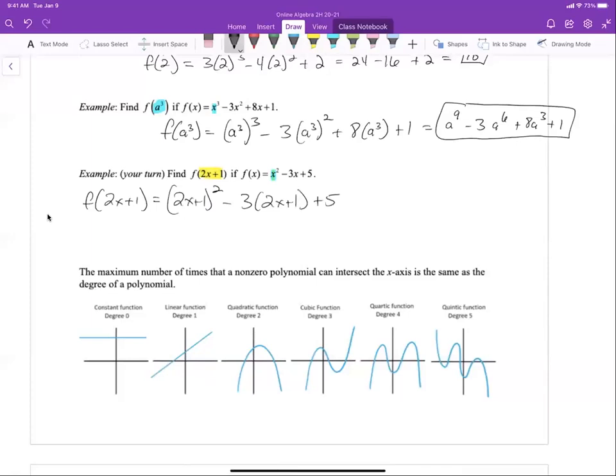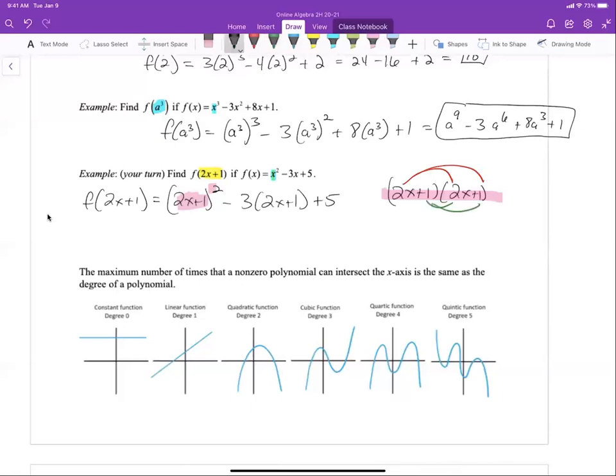All right. Now, I have to evaluate this. How do I do that? I take 2x plus 1 and I multiply it twice, or I square it, same thing, right? And that requires me to FOIL.